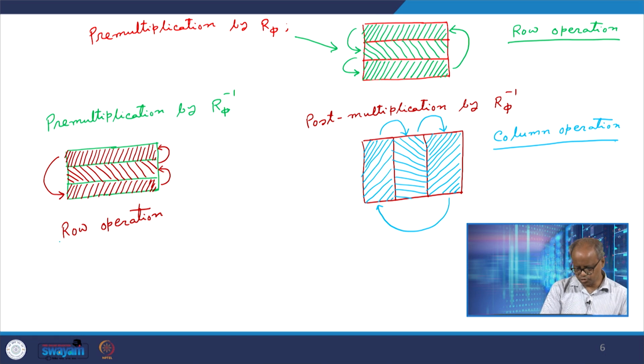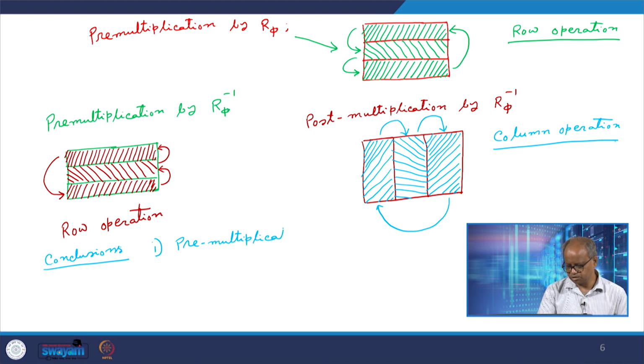So the conclusion is that we can draw two very important conclusions. One, pre-multiplication by R phi or R phi inverse affects row operation, right?